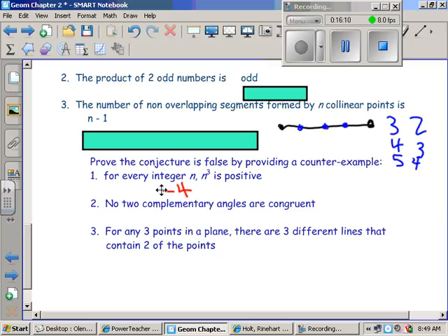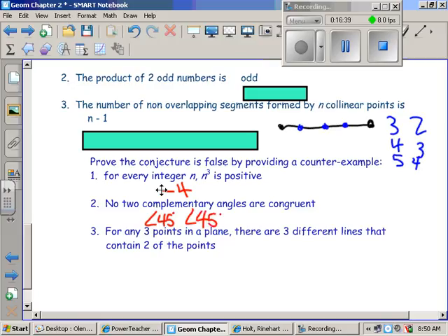Two complementary angles whose measures are equal. What's complementary mean? I'm sorry? They add up to 90. So if you think of, guys, it's really hard to concentrate when you're having conversations. Yeah, 45 and 45. That's okay.